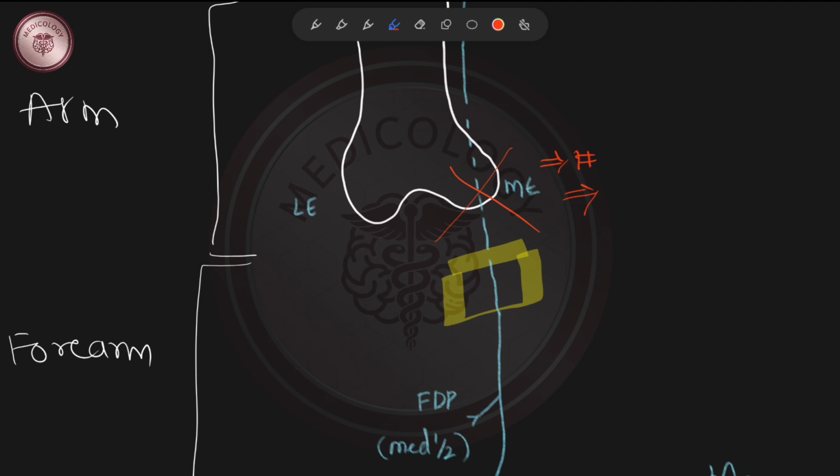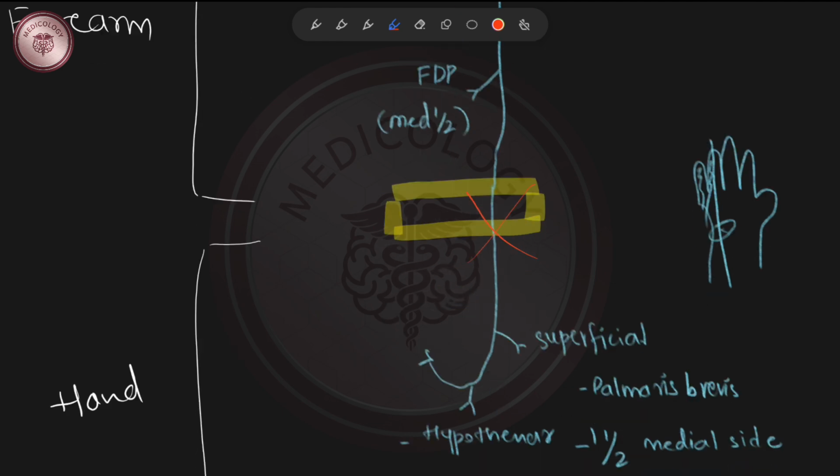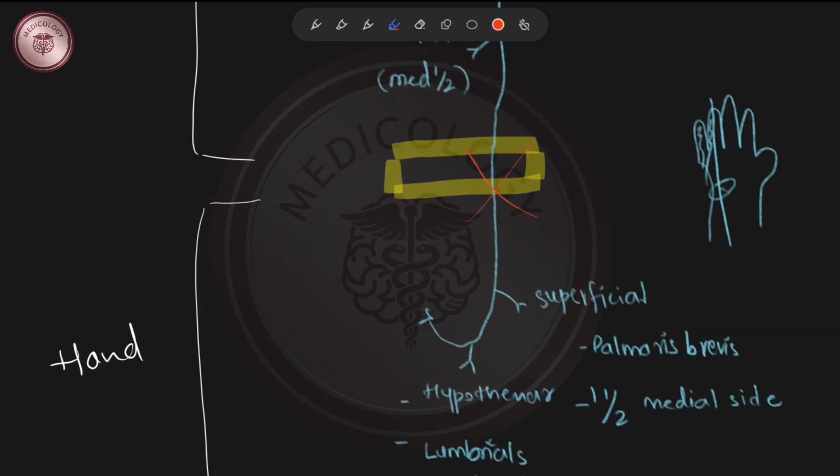If there is any injury, this is our cubital fossa. There can be injury, so cubital tunnel syndrome. Next, what can it be? Over here, there can be Guyon's canal syndrome.